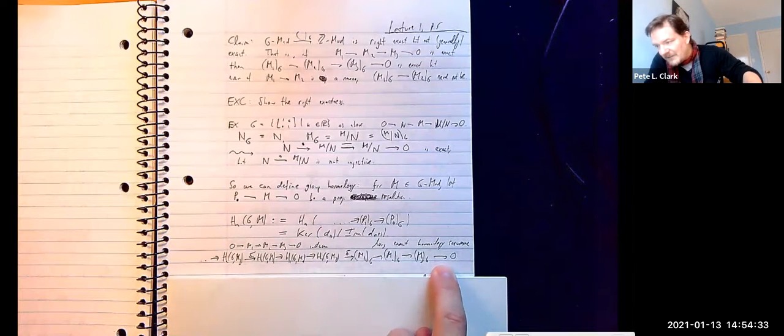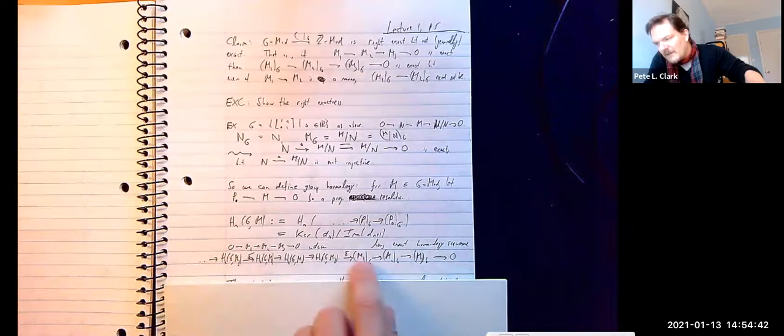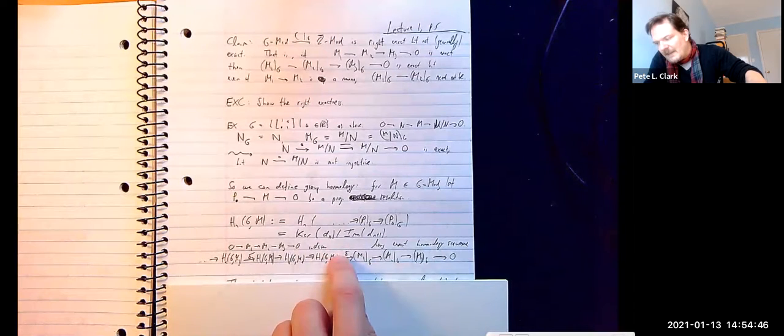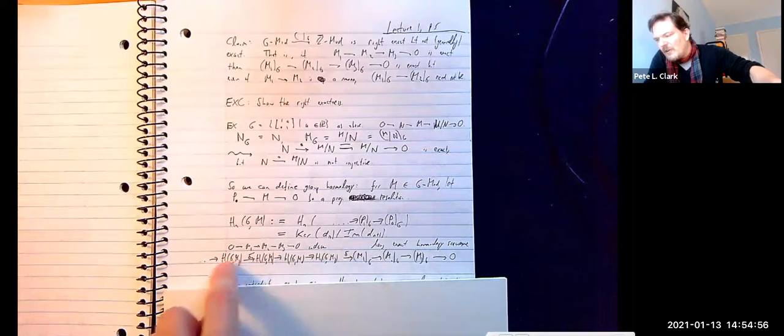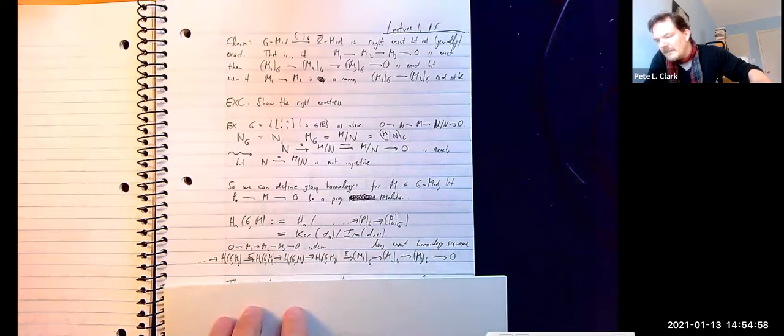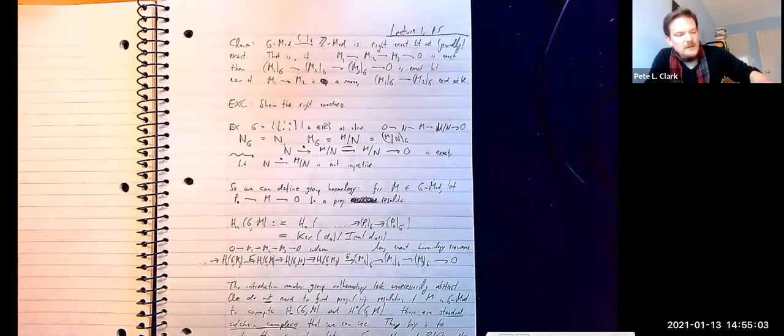I didn't write this very clearly, but it's whatever the long exact homology sequence always looks like. It's infinite in the other direction. So now, when we applied the functor, this one doesn't have to be injective anymore, so this one doesn't have to be 0, and then you have this whole sequence of homology groups, which is correcting the failure of injectivity there. Okay, so that's group homology and group cohomology.